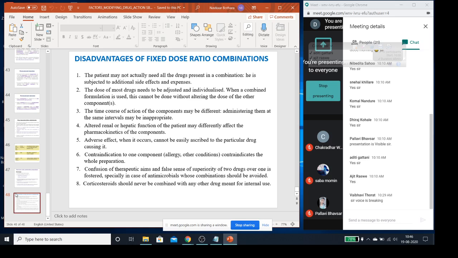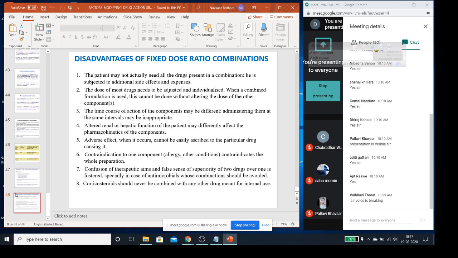Now if it is much different, say one drug's half-life is 4 hours and another is 6 or 7 hours, then either one drug will lose its effect or one drug will get accumulated. Suppose we have thought of 3 tablets a day, so every 4 hours we are giving one in the morning, one in the afternoon, one in the evening.